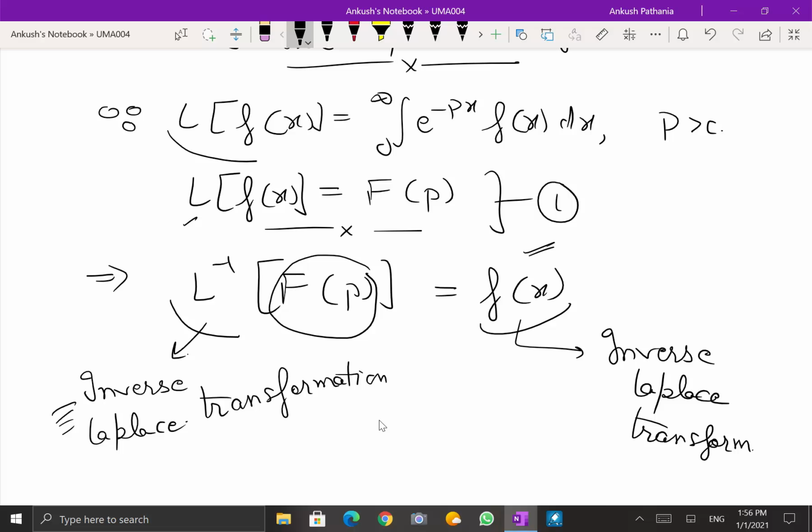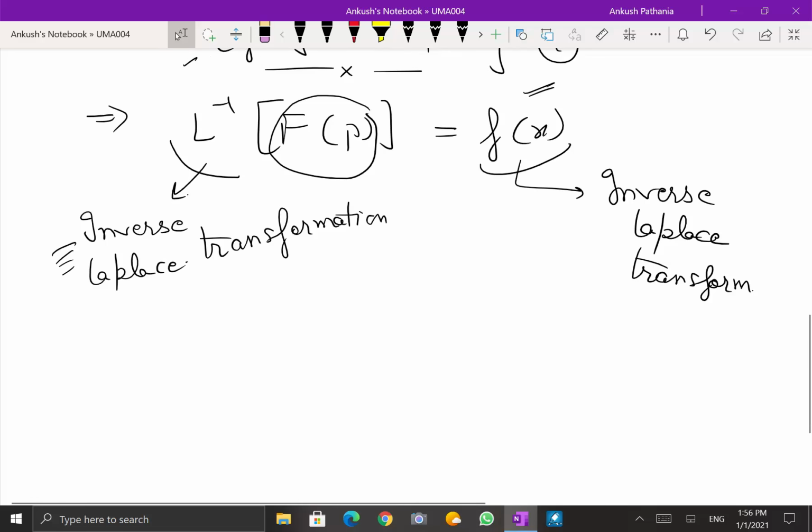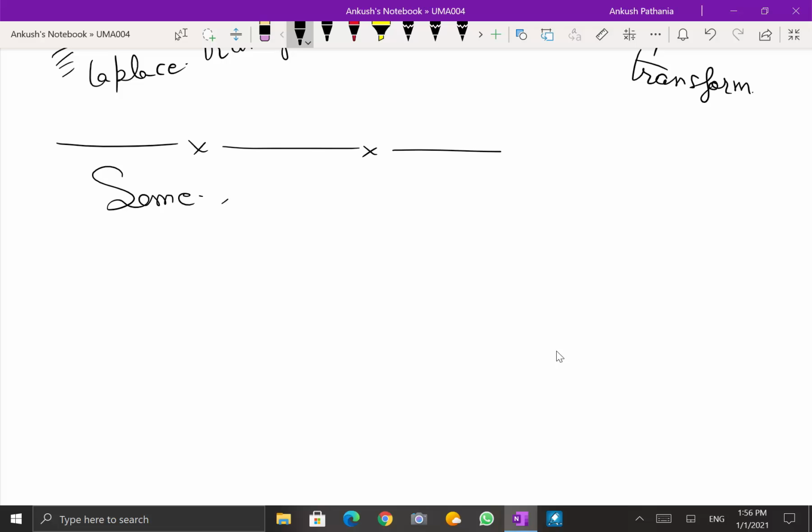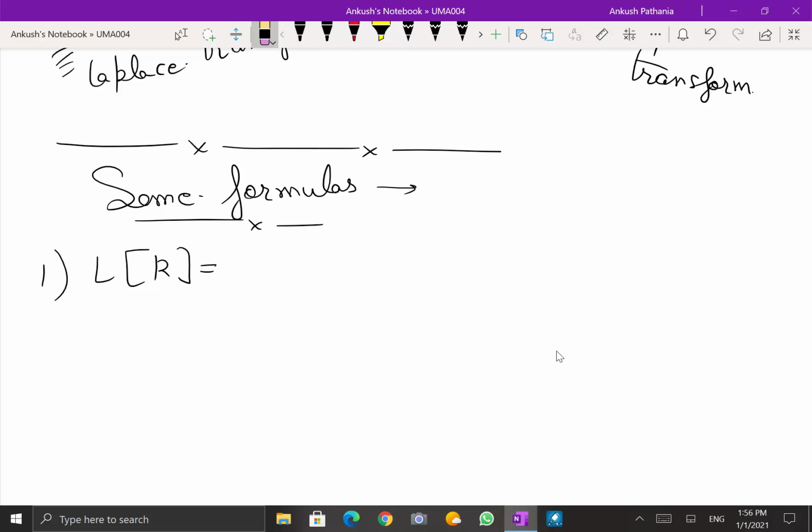Now, similar to what we have done in the case of Laplace transformation, here again we have some formulas on the same lines, and the formulas are similar. Remember that Laplace of the constant 1 was 1 upon p.